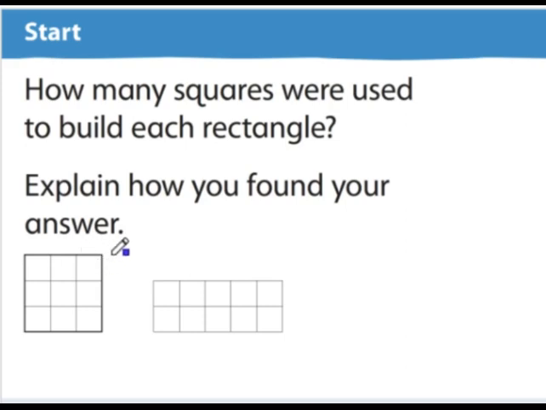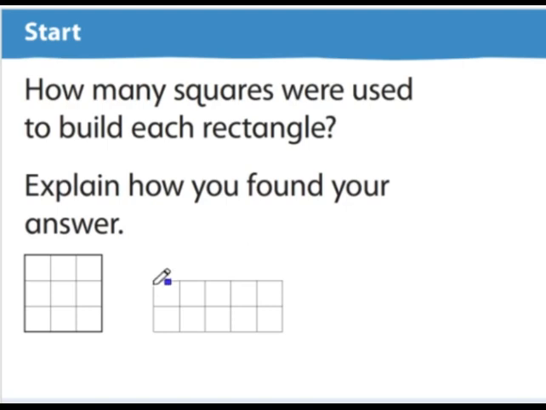However, I want you to think in rows and columns. So to create this rectangle, this special rectangle is a square, we could have 3 plus 3 plus 3 rows or columns. 3 in that column, 3 in that column, and 3 in that column. Or you may have even counted by threes. 3, 6, 9.